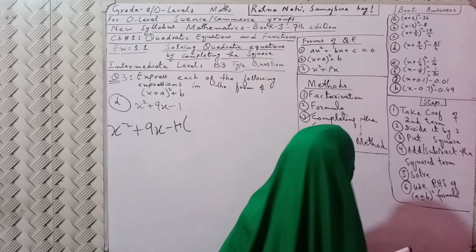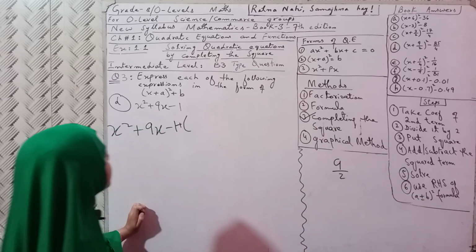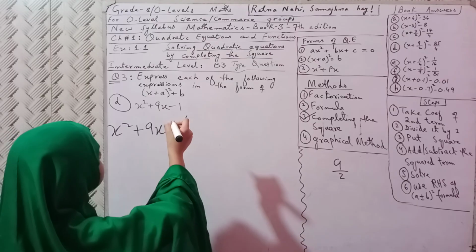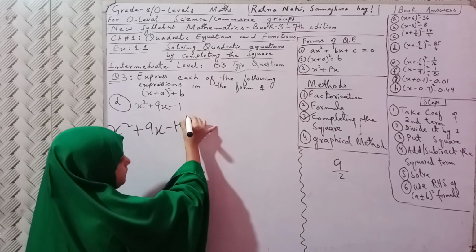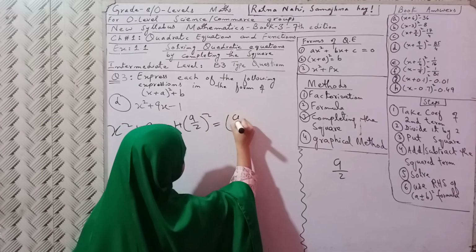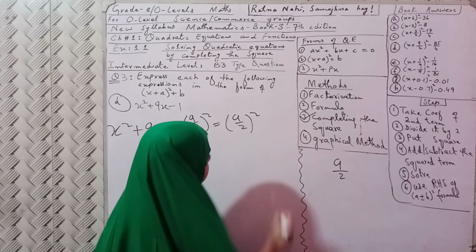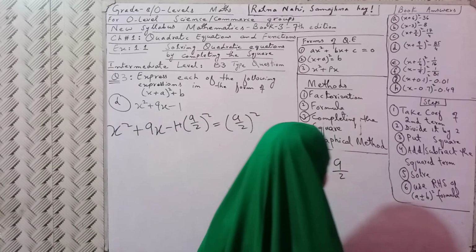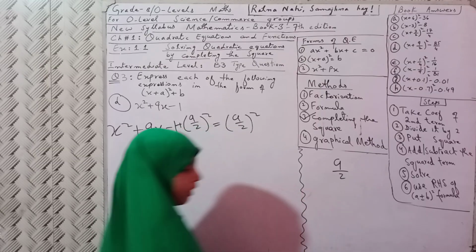Then this put square. Plus 9 upon 2 whole square is equal to 9 upon 2 whole square. Then add, subtract the square term, solve.